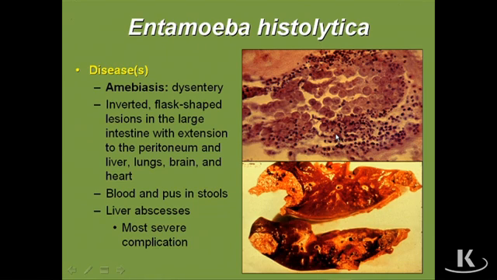Now, one of the things I want to show you might be on a pathology type report from a patient with Entamoeba. You get these flask-shaped lesions from Entamoeba histolytica, and you can get extension into other organs, like the liver, for example. When you get extension into the liver, this is a very severe complication from Entamoeba.